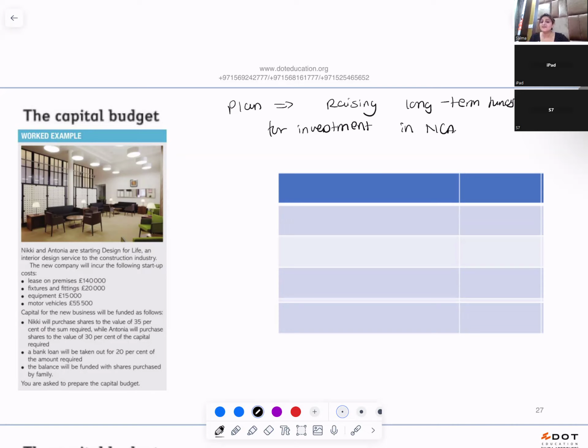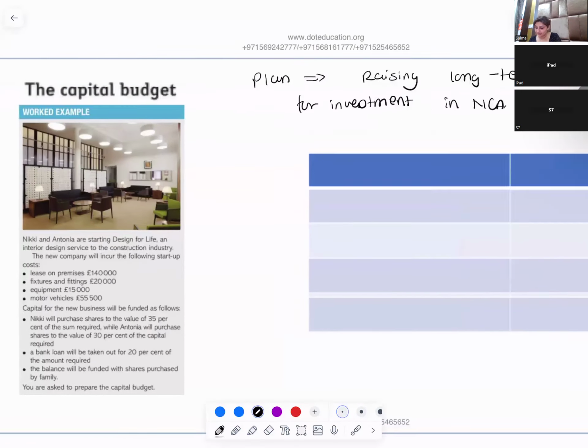Whenever your business starts, it will need capital to start its operations. And the capital that you need to start your operation becomes a part of your capital budget.